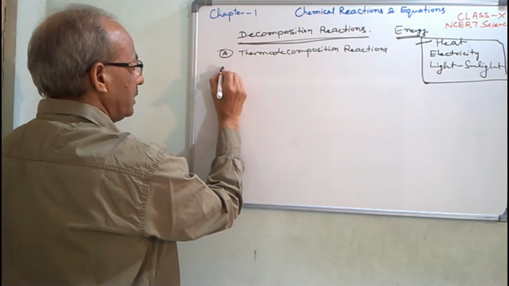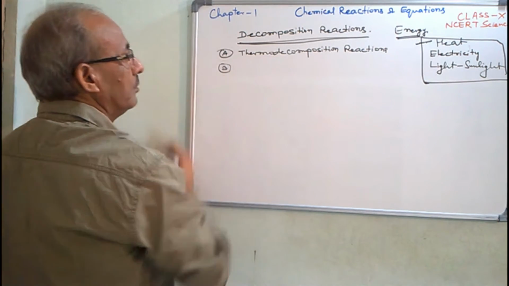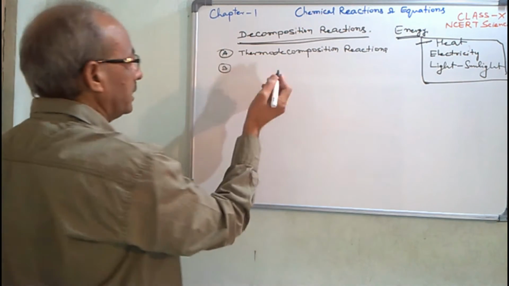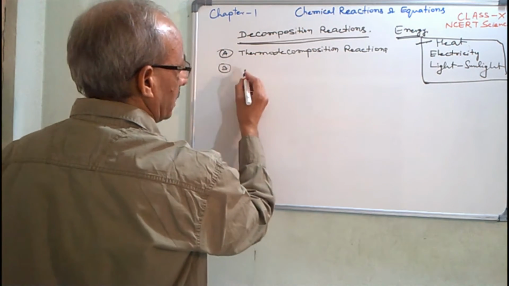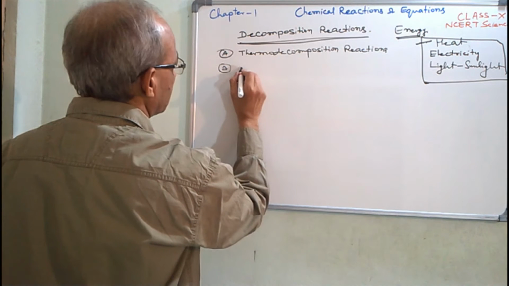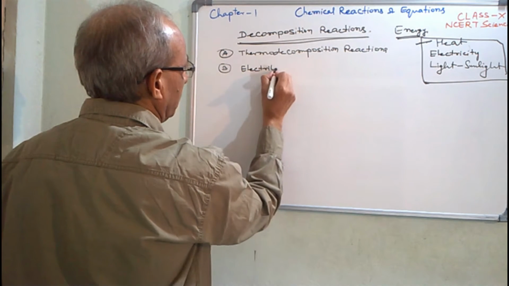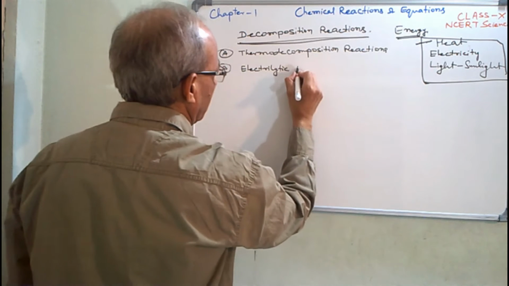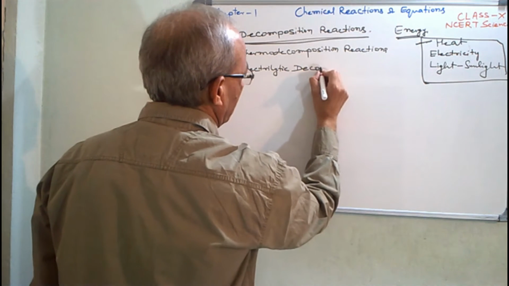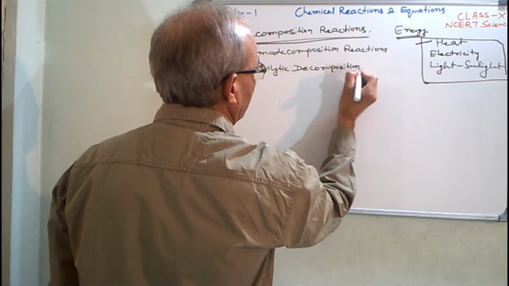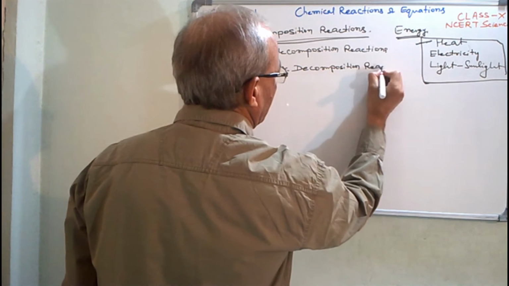When electricity is required for the decomposition of a particular substance, that type of chemical reaction is called electrolytic decomposition reaction.